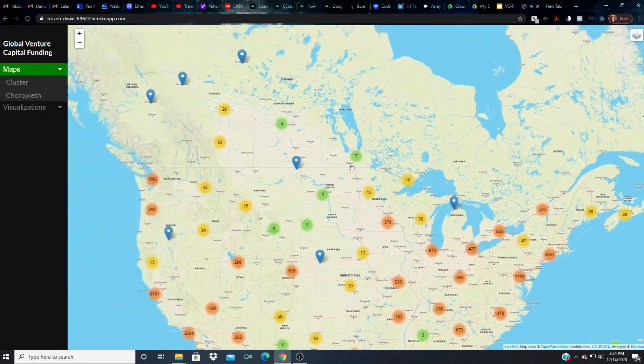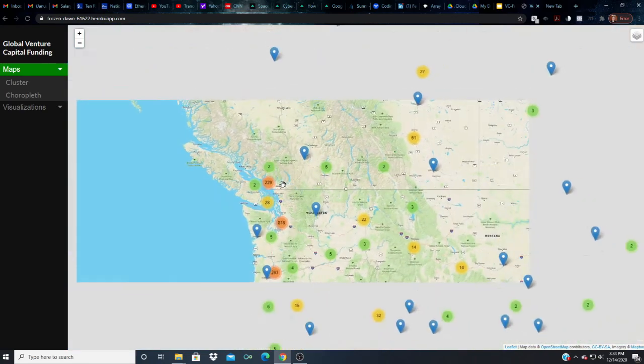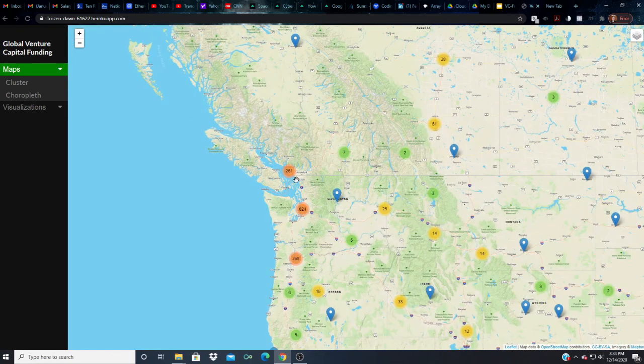And then here, in the Northwest, it shows Vancouver versus Seattle, but it moves the dots based on the weights. If there are more in Seattle than Vancouver, it'll move the dot towards Seattle, so it looks like it's all Seattle, but in fact about a quarter of it is Vancouver.